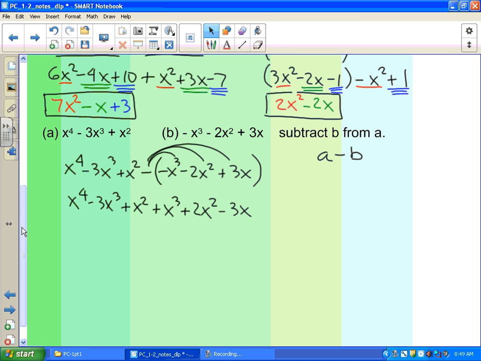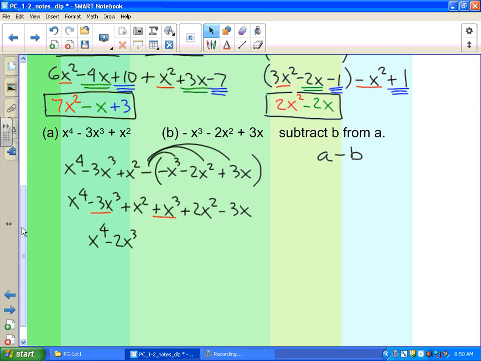There is only one x to the fourth term, so it stays. There is only one x to the third term. Oh, no, there isn't. There are two of them. So I have negative 3 plus 1, and that gives me negative 2x cubes.